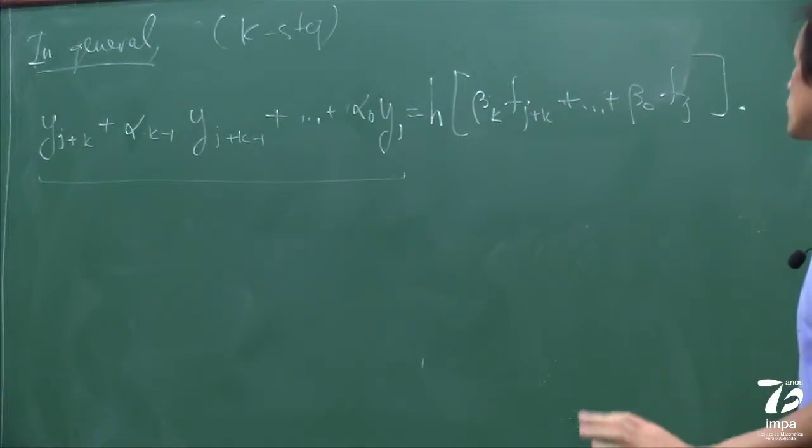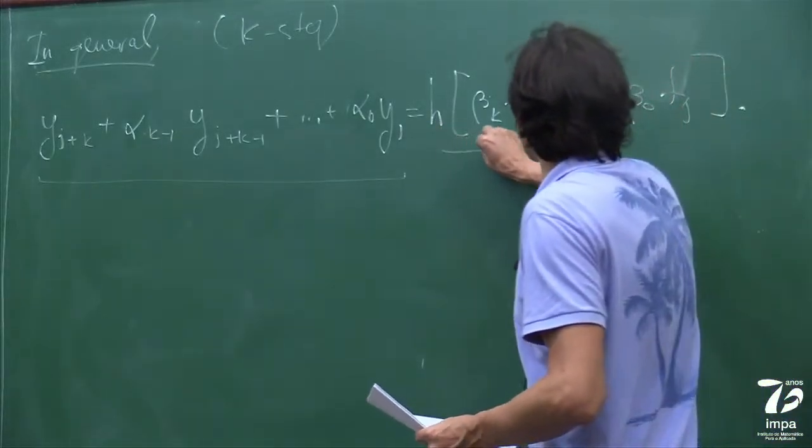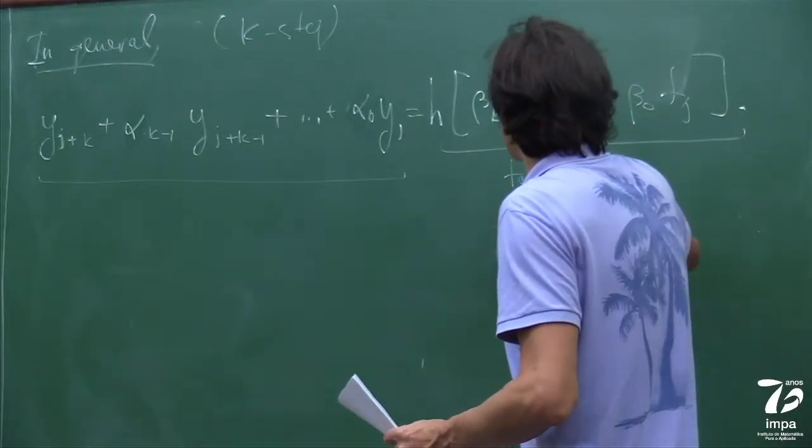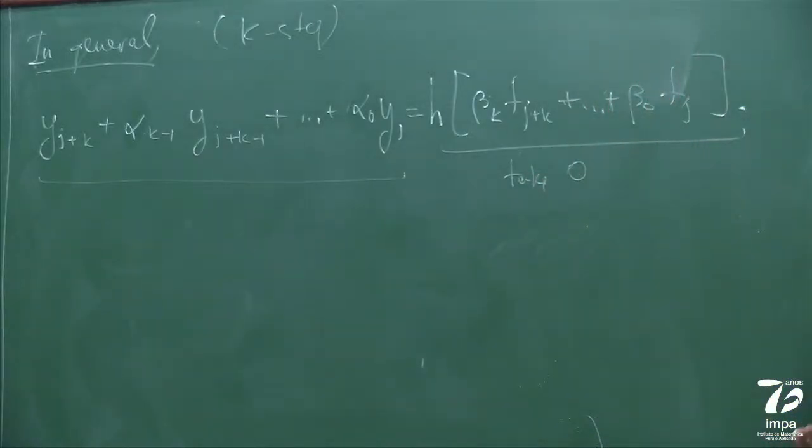So first, let us take the right side to be 0, because the method should work when the function is 0. If f is 0, it's a constant solution, so at least a constant solution you have to get.